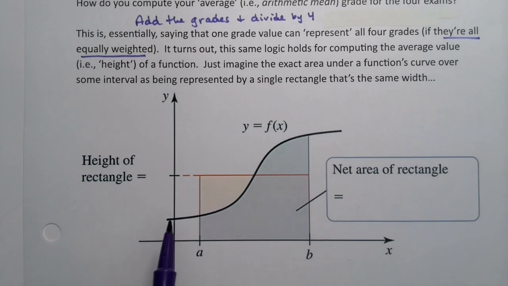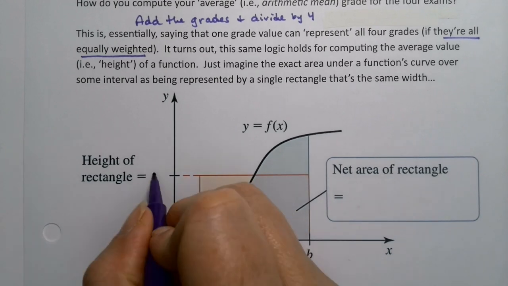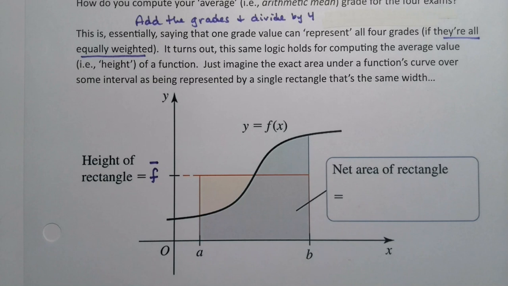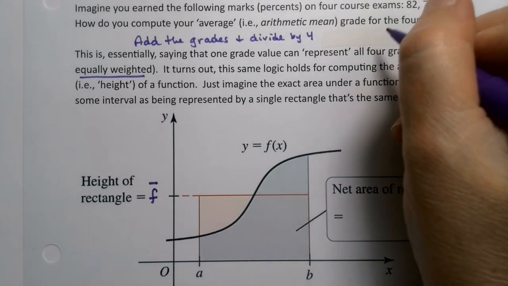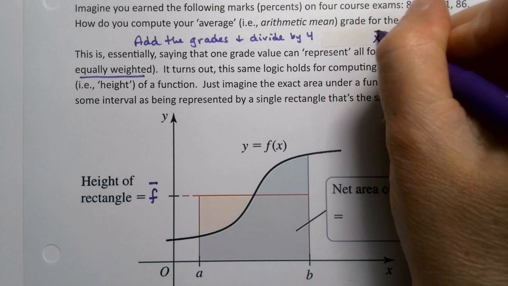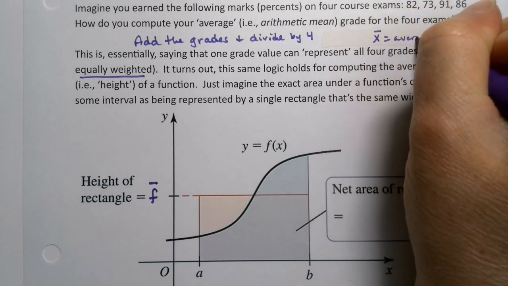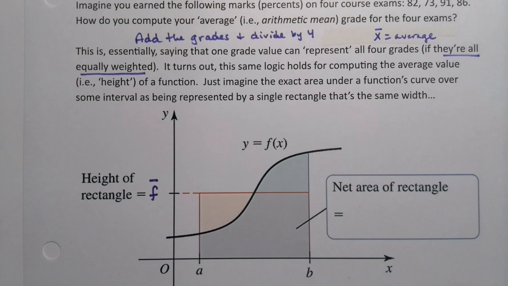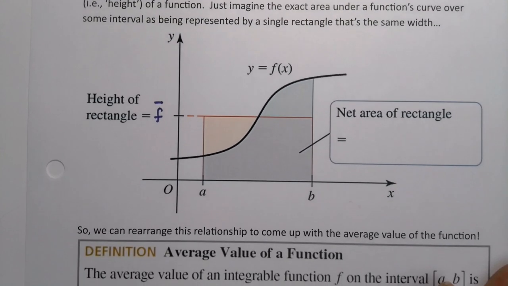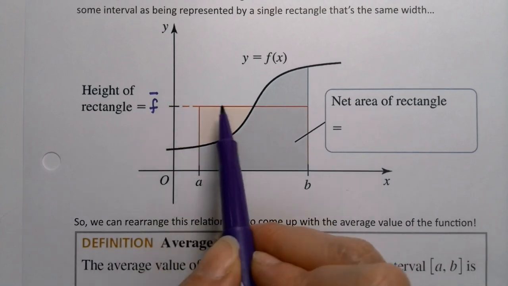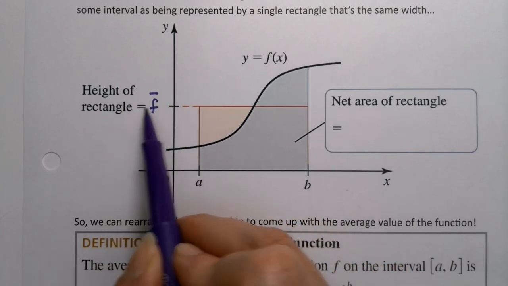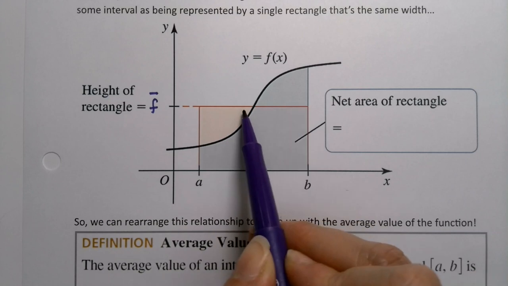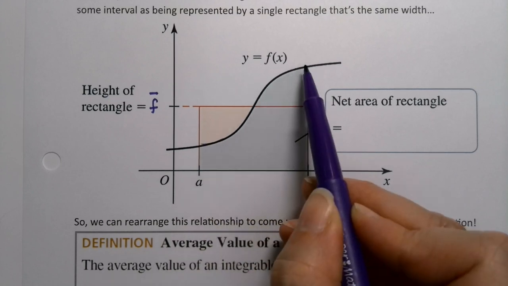I want one number that would represent this, and that number is called f bar. F bar is the symbol, actually it's the symbol in statistics class as well. X bar equals the average of those 4 values, right? So f bar is the average function value. It's one height that would represent the middle height of this curve.